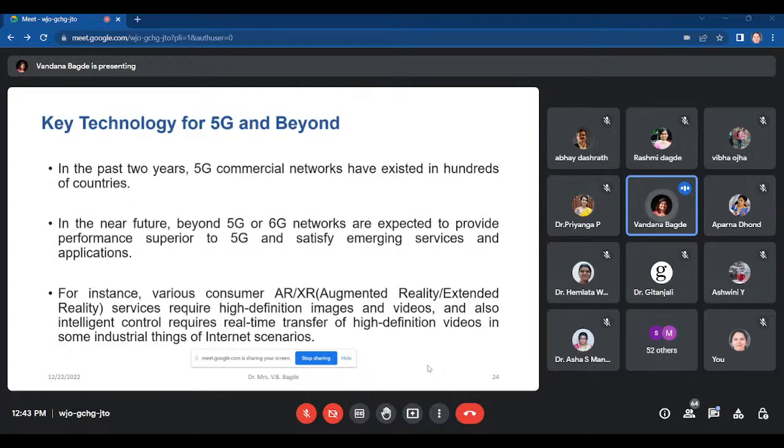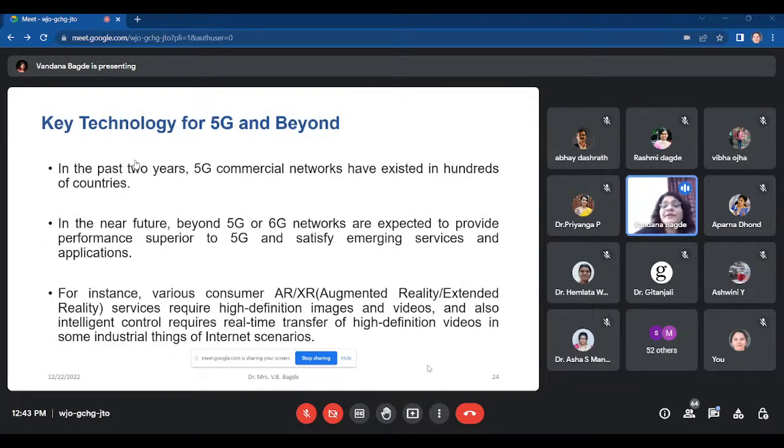In the near future, such networking technology can give us superior performance, and the type of service the user demands with the latest applications can be very well suited.